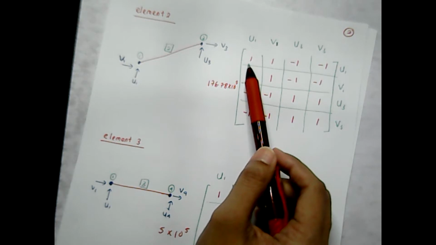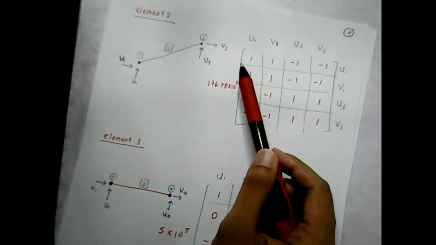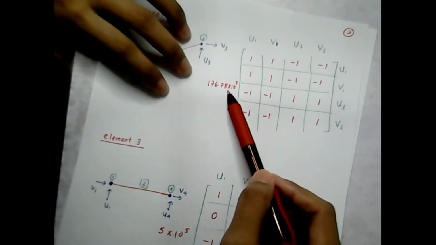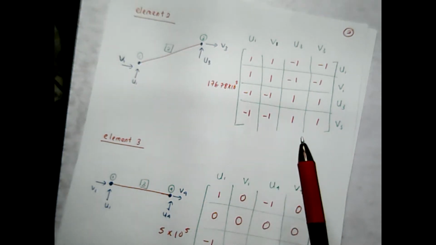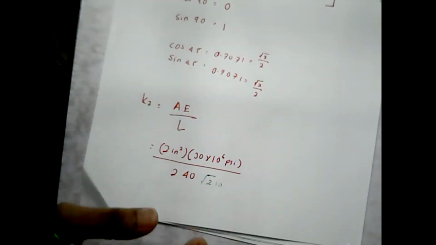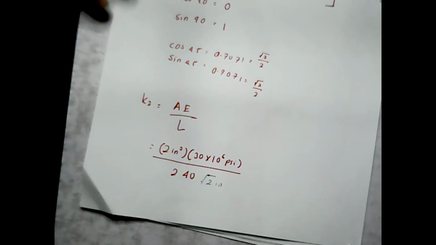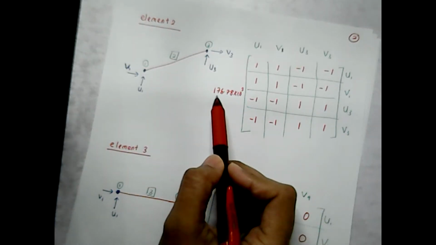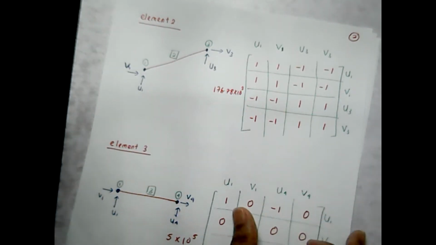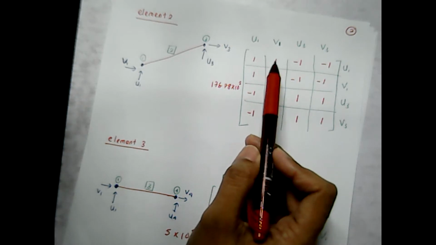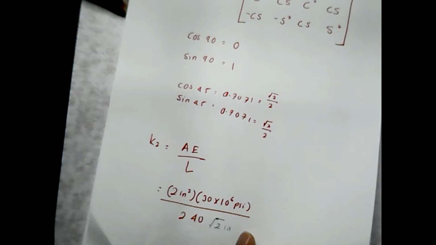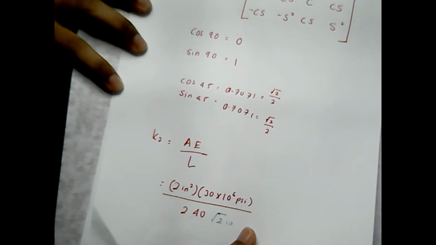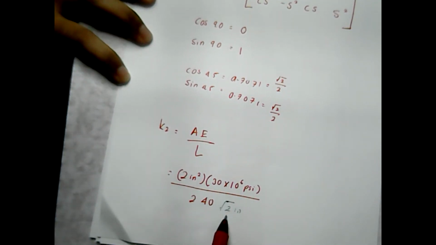In the example's multiplication, you get 176.78, and here is 1 1 negative 1 negative 1, because you have already multiplied with square root 2 here.